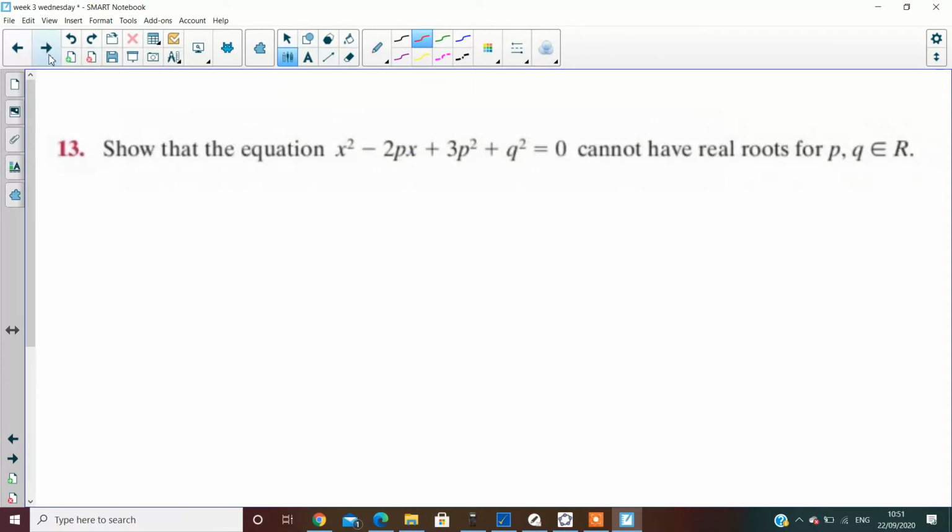All right. What does it mean to say that it cannot have real roots? What's the criteria for having real roots? Your discriminant has to be bigger than or equal to 0. I have to prove that this cannot be bigger than or equal to 0. So that's my job. Okay, what's your A value? Your B value?